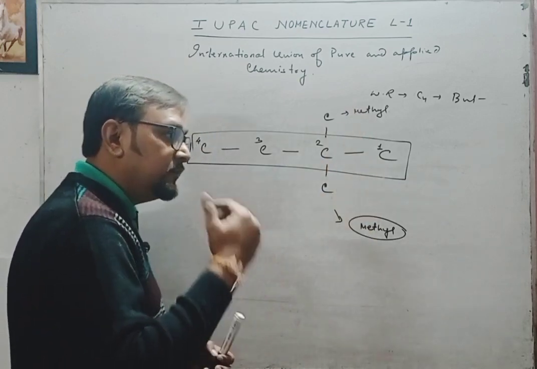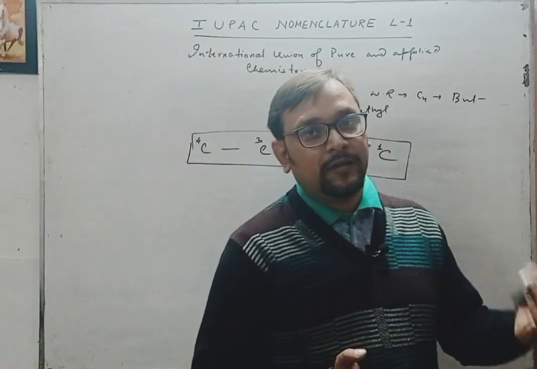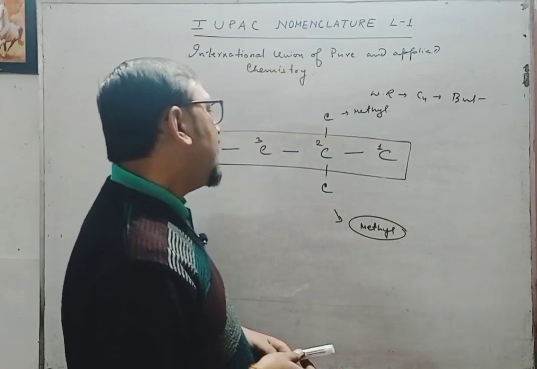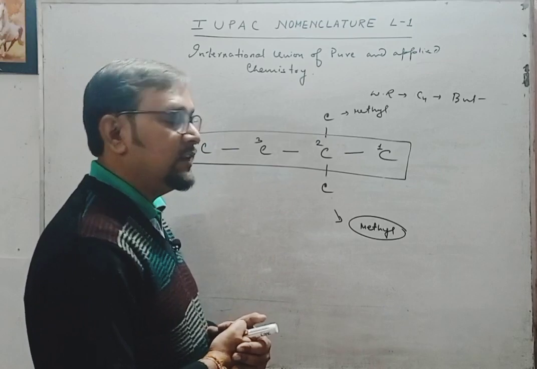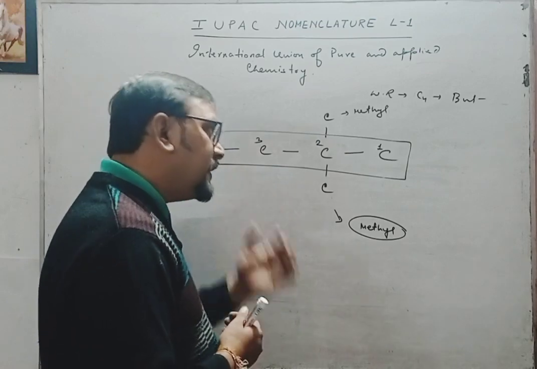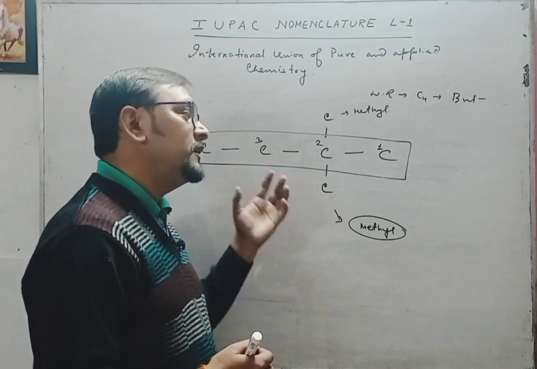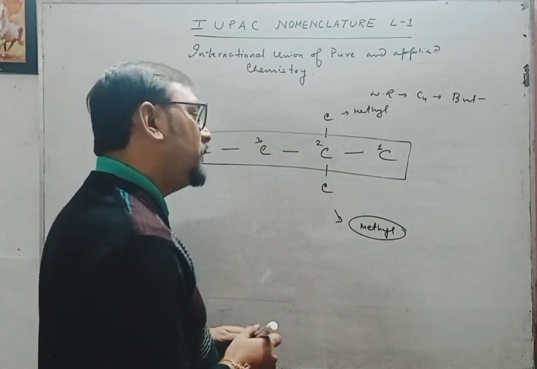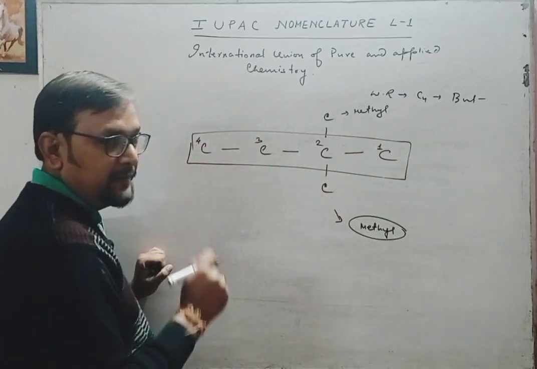When something repeats, we use prefixes di, tri, like that. Now finally, is there any double bond or triple bond in the longest chain? No. Is there any functional group present in the longest chain? No. Then we will use the simplest suffix, that is ANE. So this belongs to the alkane family.